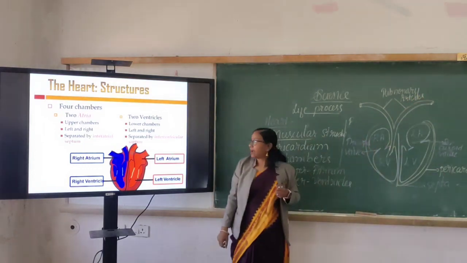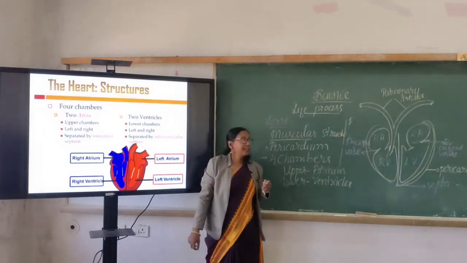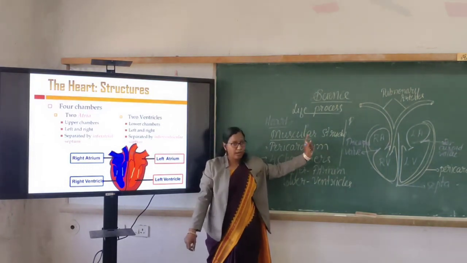So these are pulmonary arteries which help in carrying the deoxygenated blood to the lungs.